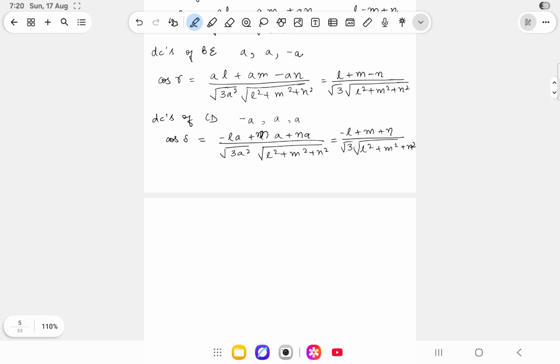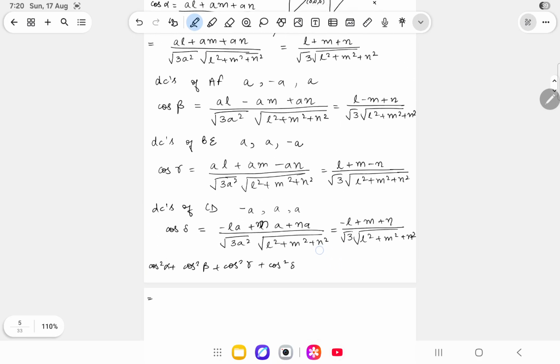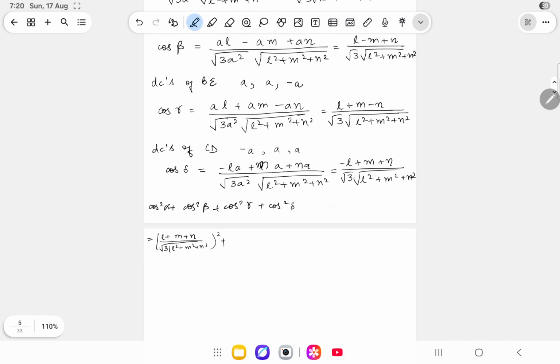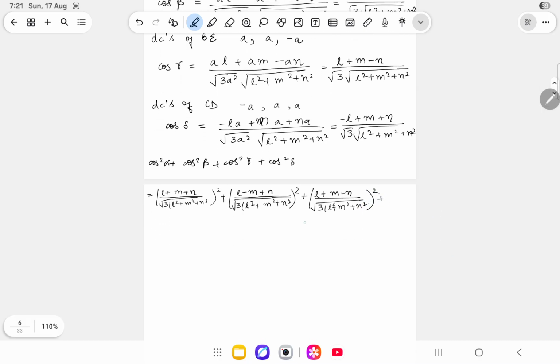We'll just substitute these values. So cos square alpha plus cos square beta plus cos square gamma plus cos square delta equals L plus M plus N upon under root 3 under root L square plus M square plus N square, whole square, plus L minus M plus N upon under root 3 under root L square plus M square plus N square, whole square, plus L plus M minus N upon under root 3 under root L square plus M square plus N square, whole square, plus minus L plus M plus N upon under root 3 under root L square plus M square plus N square, whole square.